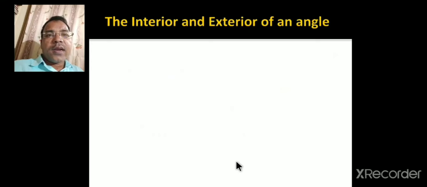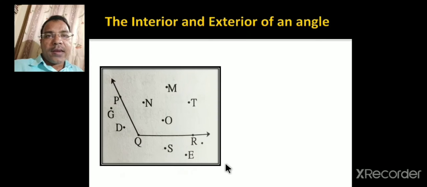Then let's see the parts of the plane formed by an angle. Here you can see angle PQR drawn on a paper. When you draw angle PQR on this plane of paper, the plane is divided into three parts.